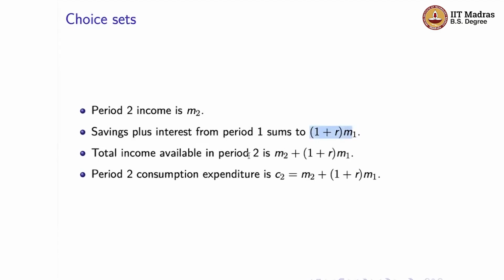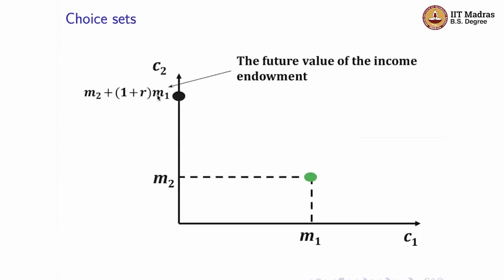That means the total income available for consumption in period two is your income in period two plus your income in period one plus the interest you are earning on the income in period one. This is the total amount available, and it is also the same as the period two consumption expenditure, because the price of period two consumption is equal to 1, as we have said.